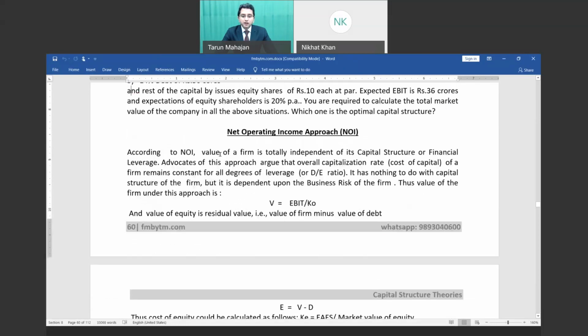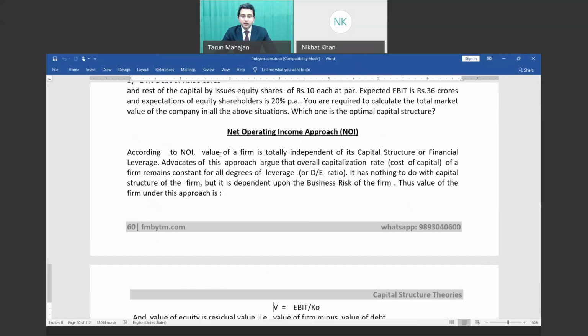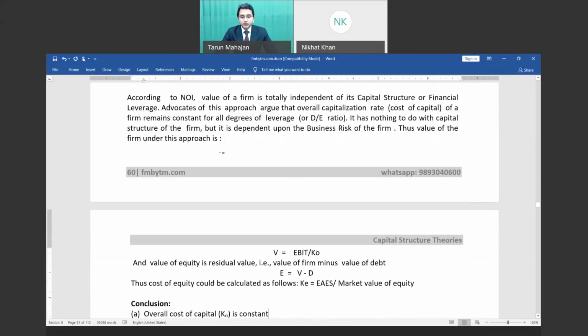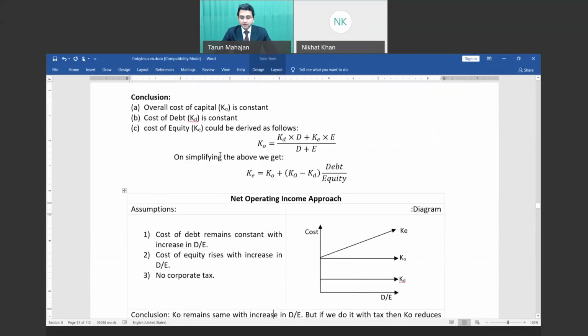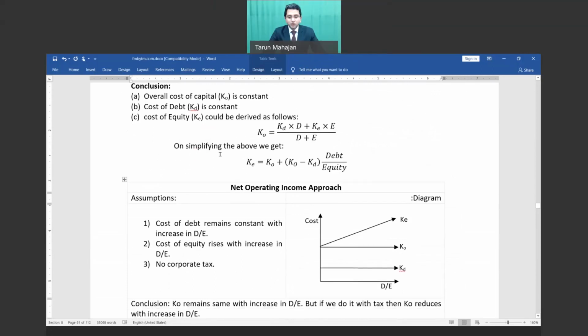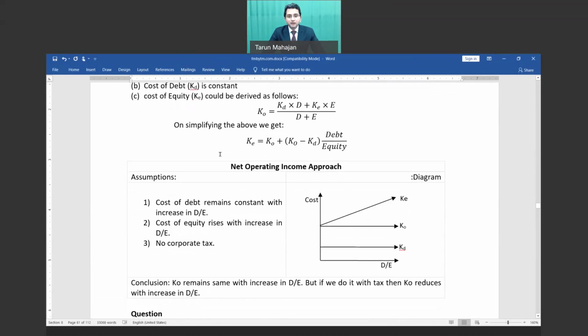Now, the net operating income approach is just the opposite. It says that even if you increase the proportion of debt in the capital structure, the overall cost of capital will remain the same. Why is it so?